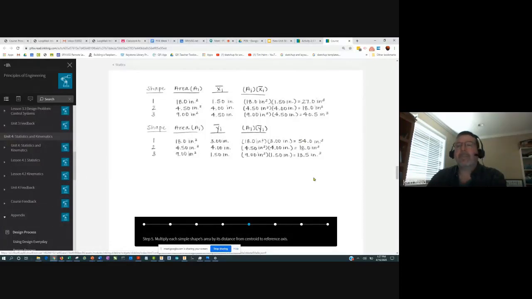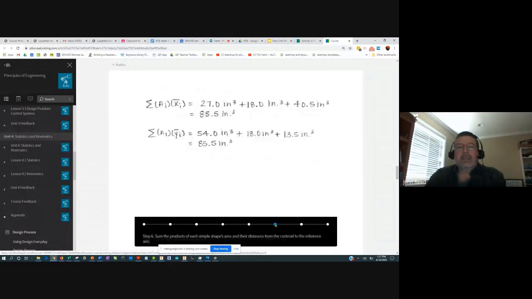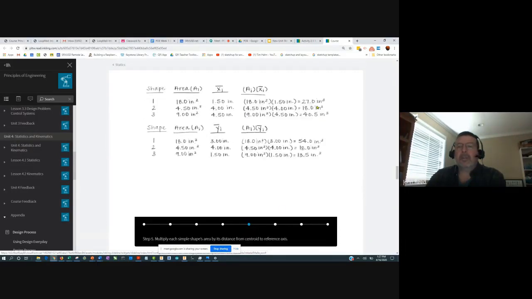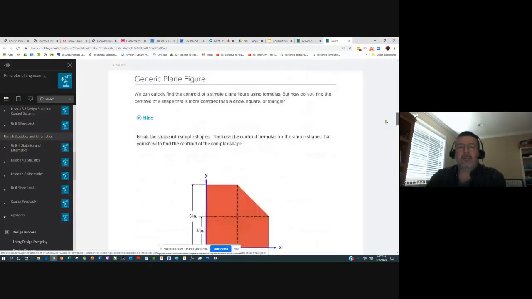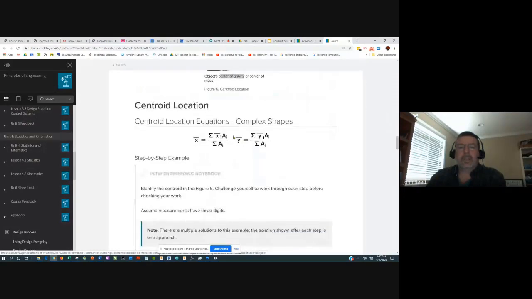Question? And so again, sigma A sub i x sub i is just add them up. You see the plus sign between there, sum them up, and we get 85.5. And again, that's adding up this value and this value, because that's what our equation says to do up here, is to sum up the numerator like that.